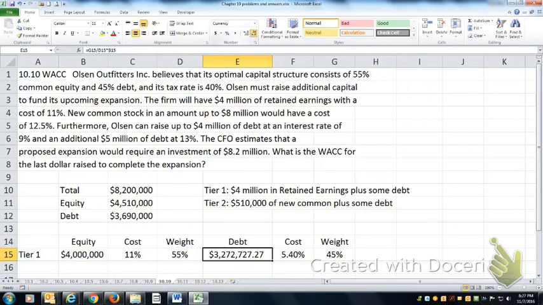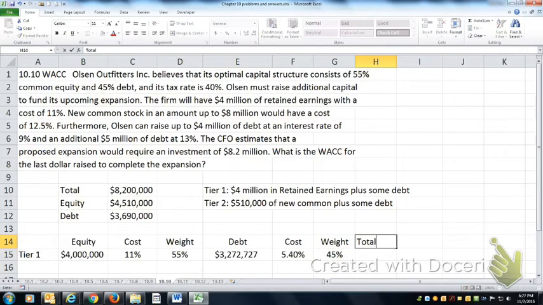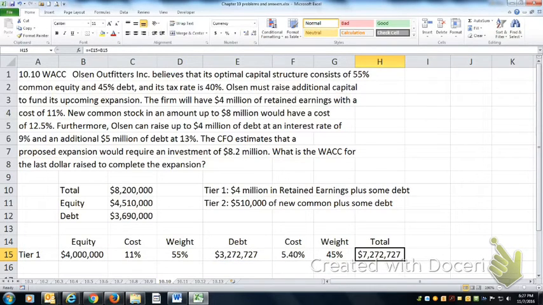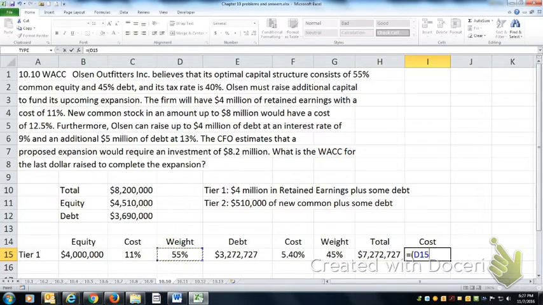That means that in Tier 1, the total will be $7,272,727, and the cost of that would be weight times cost for the equity plus weight times cost for the debt.